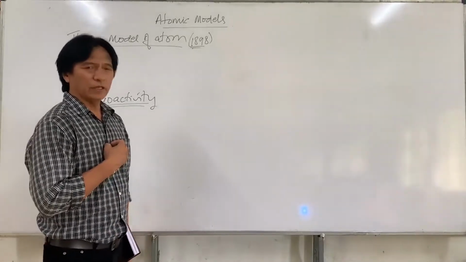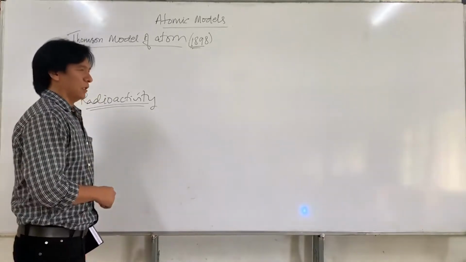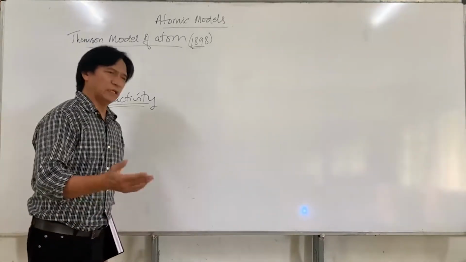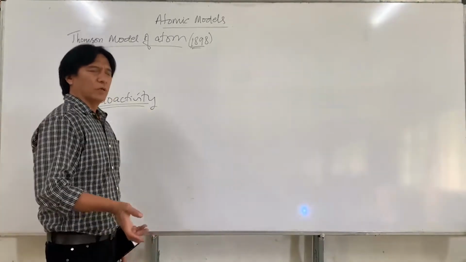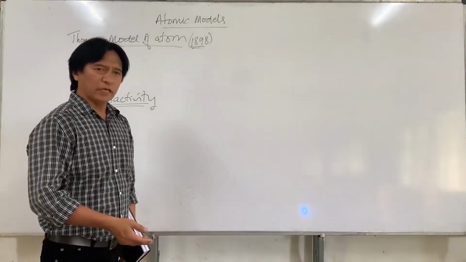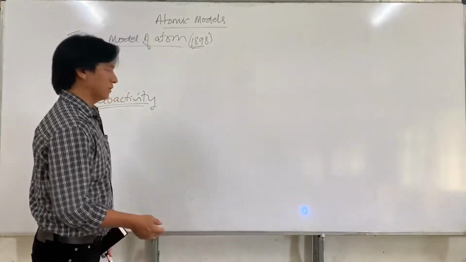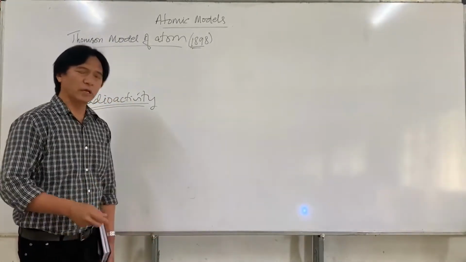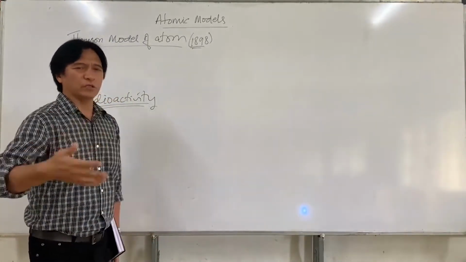So there are many radioactive elements, like for instance you have actinium, there is thorium, polonium, uranium, protactinium, and so on. So these elements can emit radiations on their own.